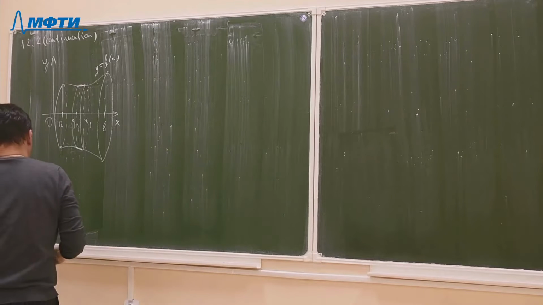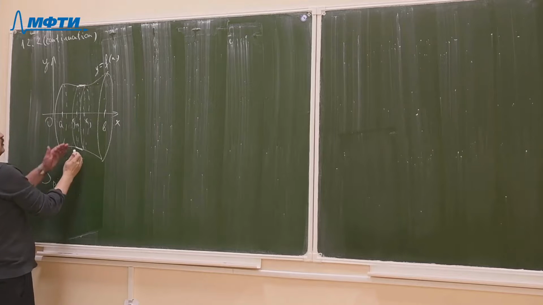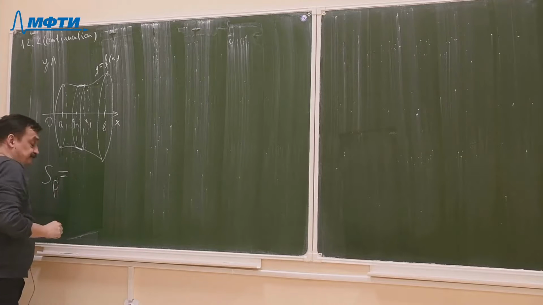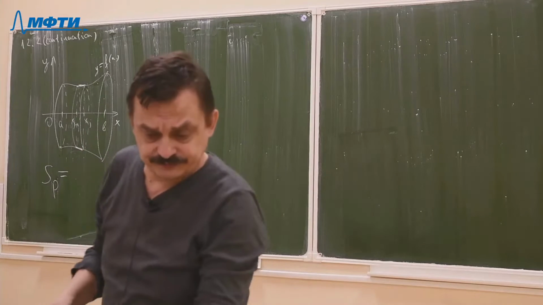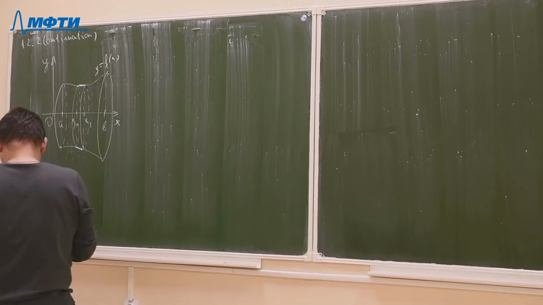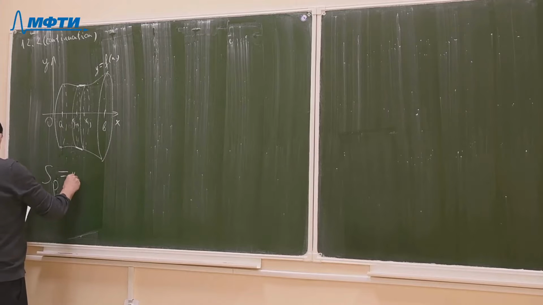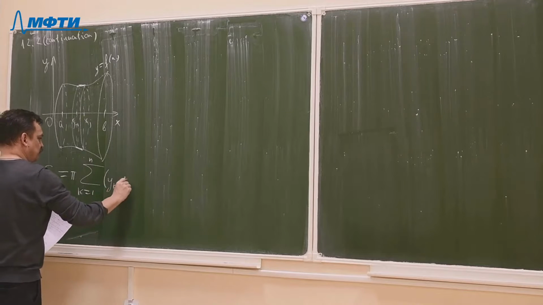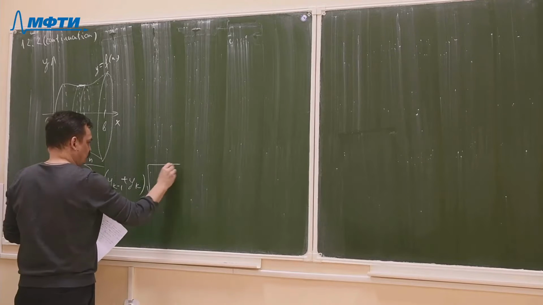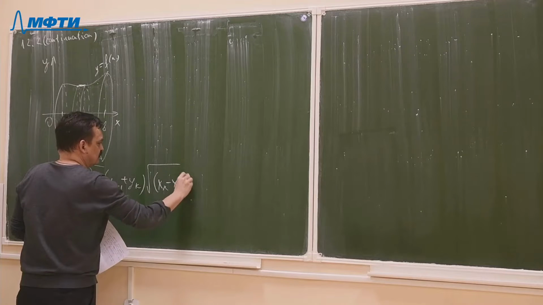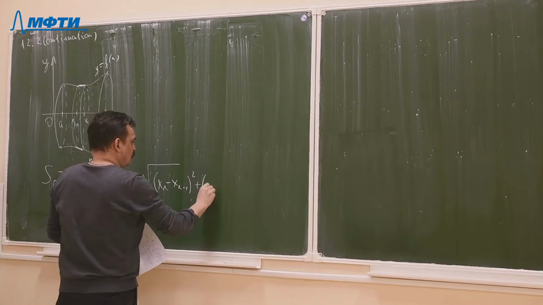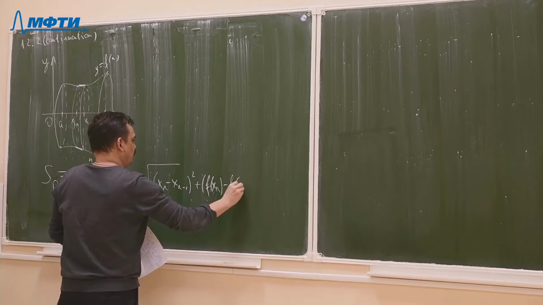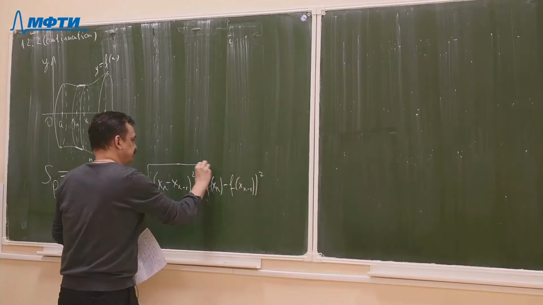Better to say union of several frustums, and the total area of those frustums together was equal to pi sum k from 1 up to n of (yk minus 1 plus yk) times square root of (xk minus xk minus 1) squared plus (f of xk minus f of xk minus 1) squared.